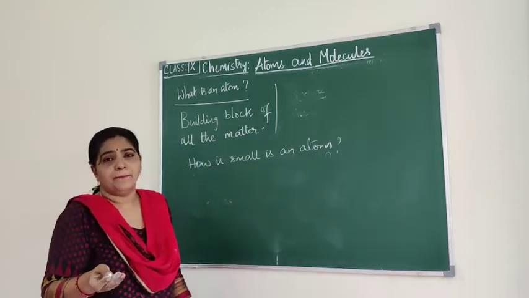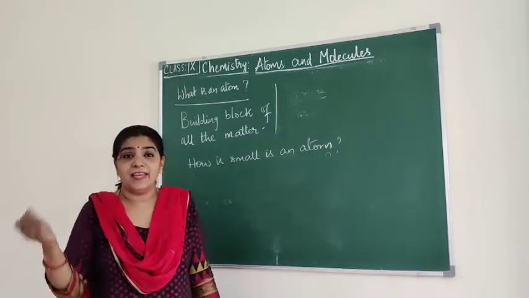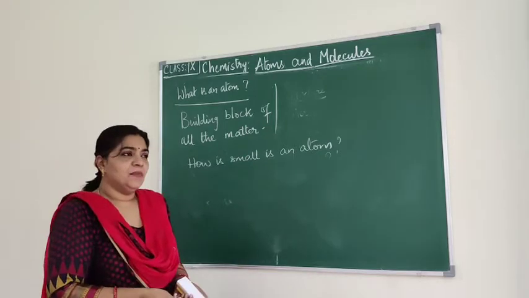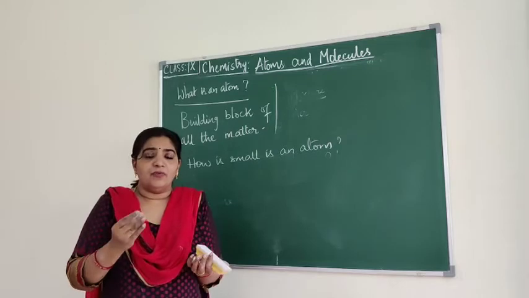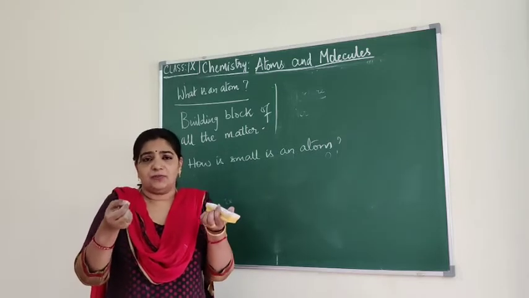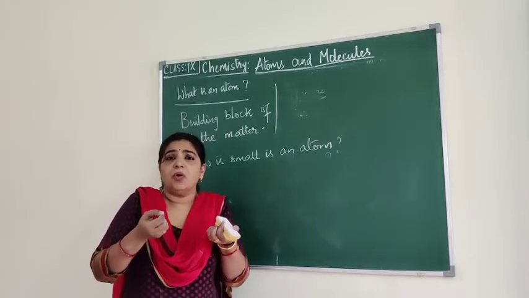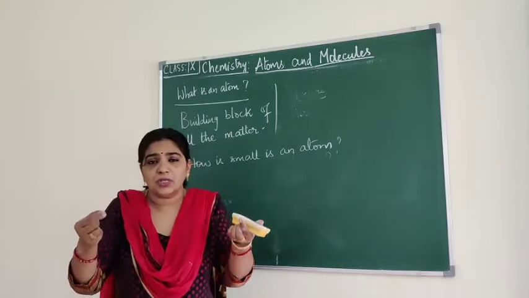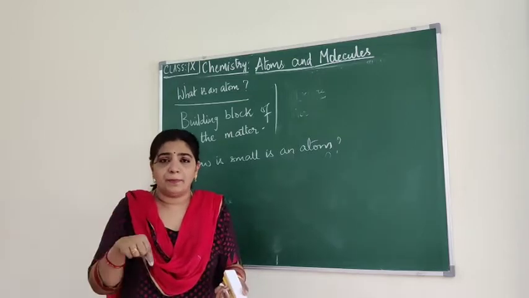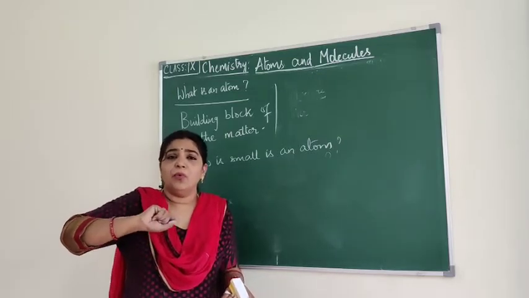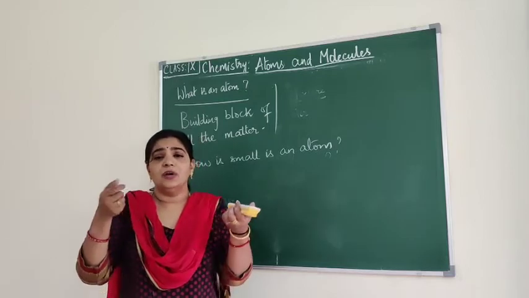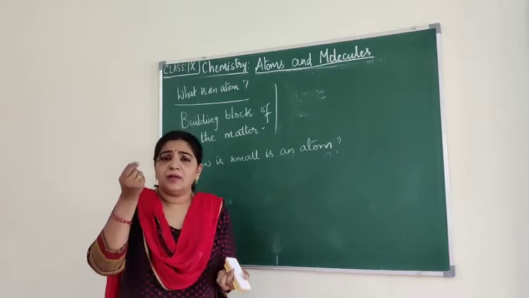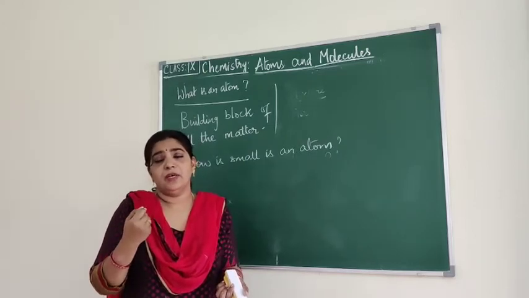We cannot compare the size of an atom with anything because we cannot imagine it. If you want to make a thin sheet of paper, you can imagine how many millions, even billions, of atoms are required to make that thin layer of paper. That is the size of the atom.